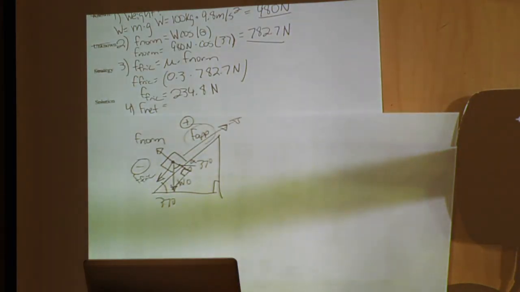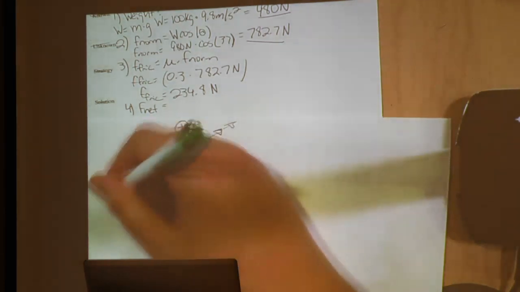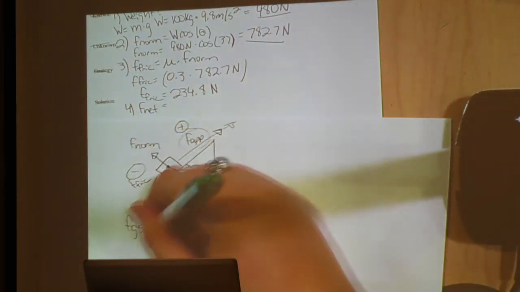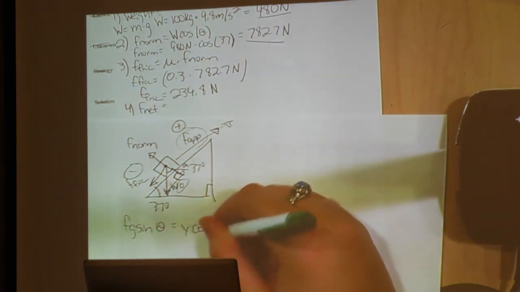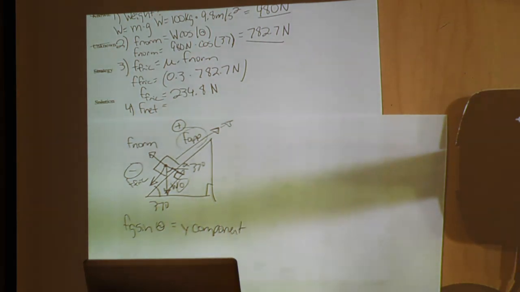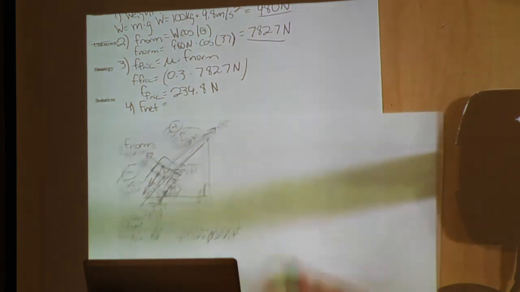So how would we represent the weight here then, if we're looking for this? Awesome, so Fg sine theta. Negative, awesome. So we're going to go ahead and write this out.